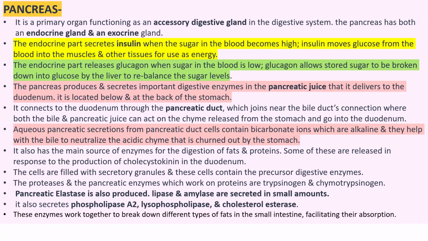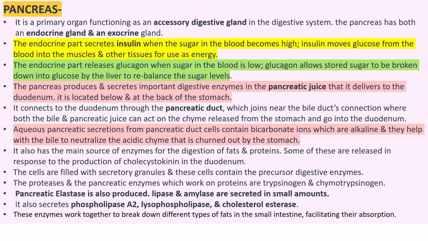The endocrine part of the pancreas also releases glucagon when the sugar in the blood is low. Glucagon acts on stored sugar, so it should be broken down into glucose with the help of the liver to rebalance the sugar level. I already explained this mechanism in a short video.